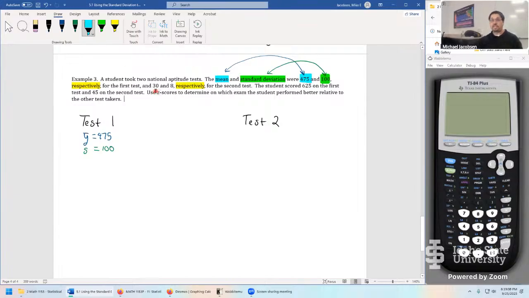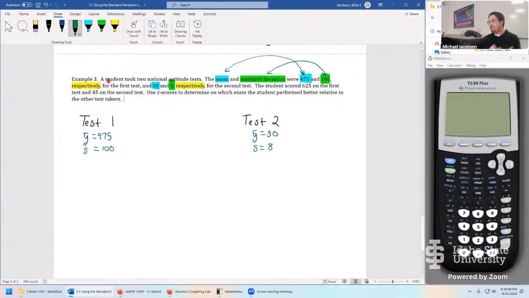The number that came first here is the first descriptor that came first, the mean. The number that came second, 8, is the second descriptor that came second, standard deviation. So for the second test, y bar equals 30, S equals 8.